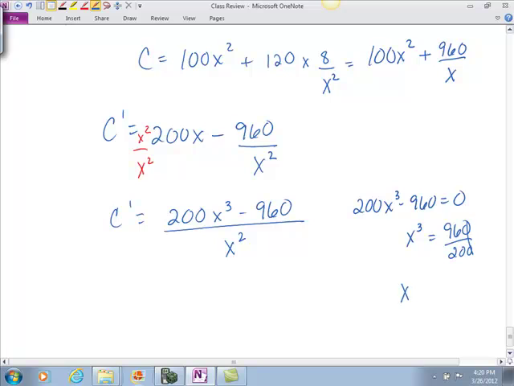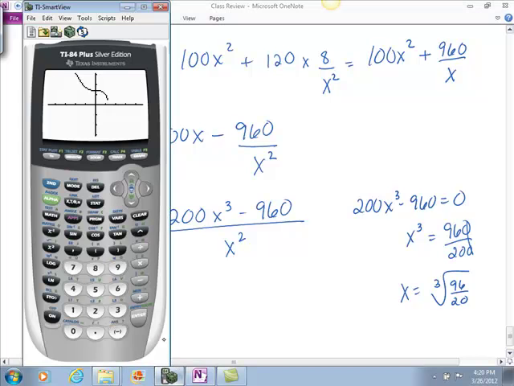And so x is equal to the cube root of 96 over 20. Let's see what that is. When you do a cube root, you have to have it in parentheses if you're going to raise it to the 1/3 power. So about 1.69 or so.